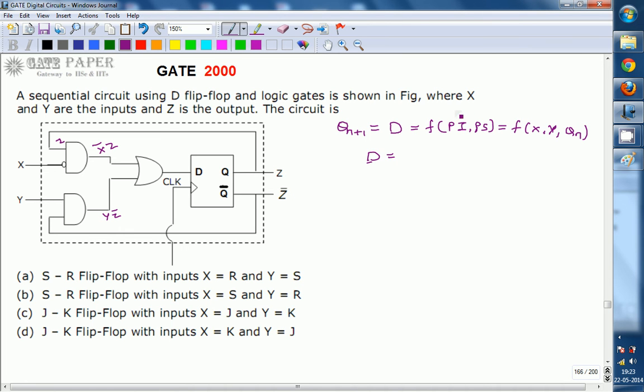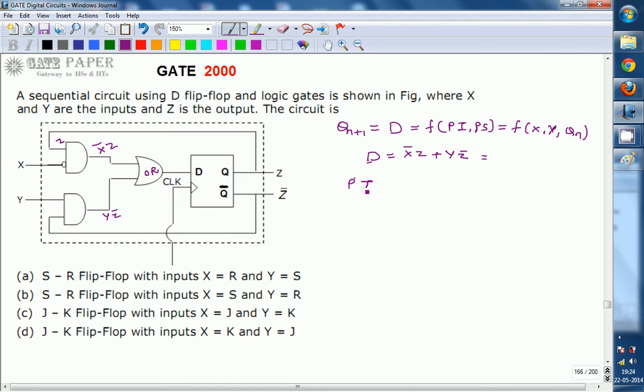D is equal to the OR operation between these two terms, so it can be written as X bar Z plus Y Z bar, and Z is nothing but the present state.